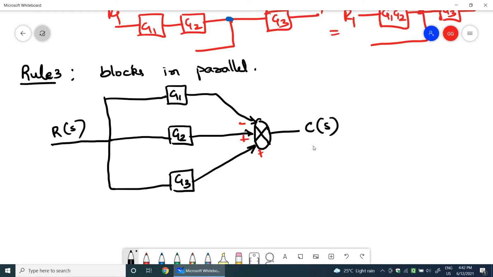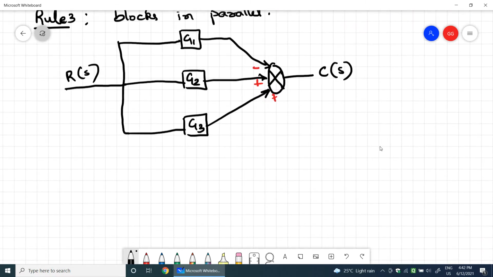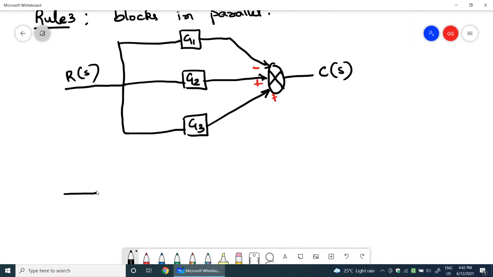Now what we will do when they are in parallel? You do the summation of all 3 blocks. That is what we do when blocks are in parallel. Therefore I'll say it is G2, G3 is considered to be positive, G1 is considered to be negative. Therefore I'll say G2 plus G3 minus G1.